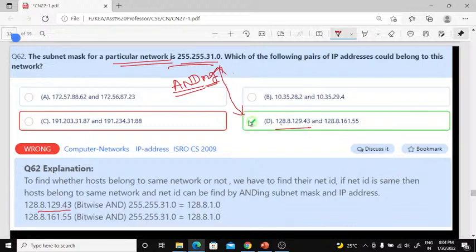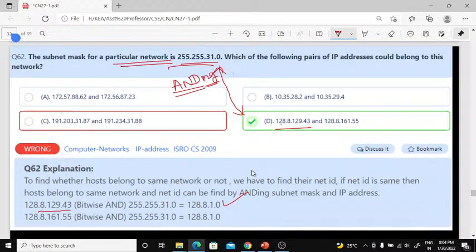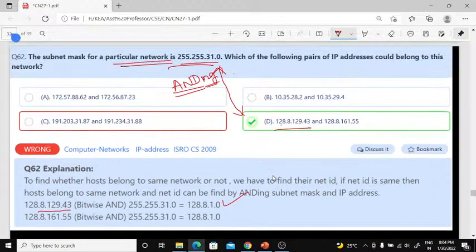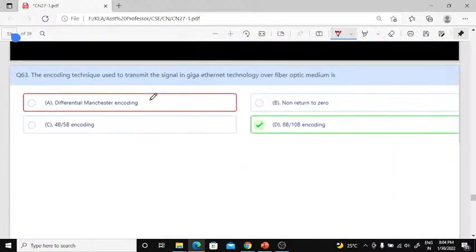Perform the ANDing operation, and we get 128.8.1.0. So that indicates it belongs to that particular network. You can do the ANDing operation, converting to binary, and then we can find the subnet mask for a particular network.